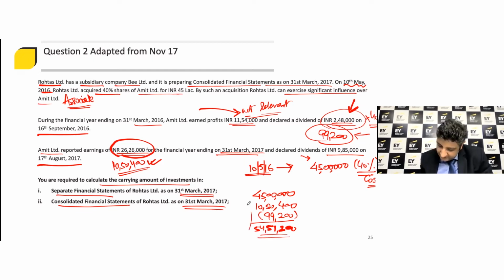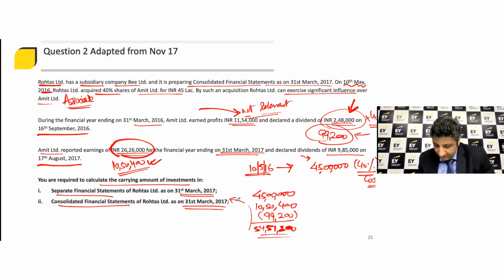This applies to the group financial statements. You would recognize your share of profit, and reduce any dividend received, which is basically a recovery of your investment, something we have talked about in Ind AS 28 under the equity method of accounting.